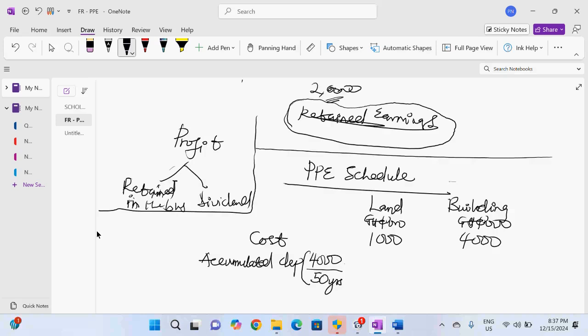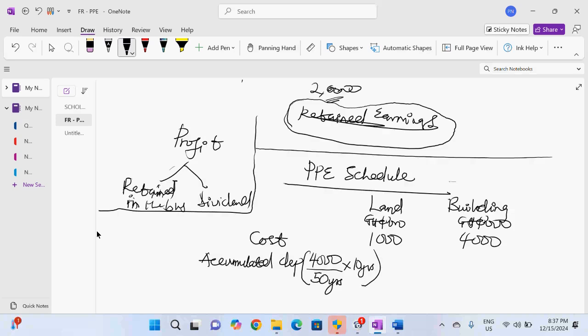And they said 10 years prior to the revaluation. What does it mean? Before the revaluation. So it means the asset has been in the business 10 years before the revaluation. So our accumulated depreciation will be 4,000 divided by 50 years times 10 years.